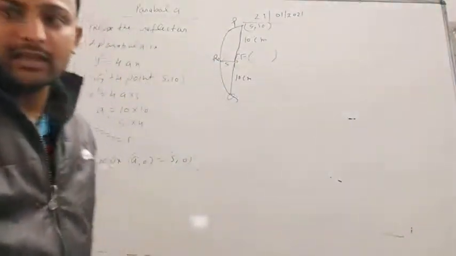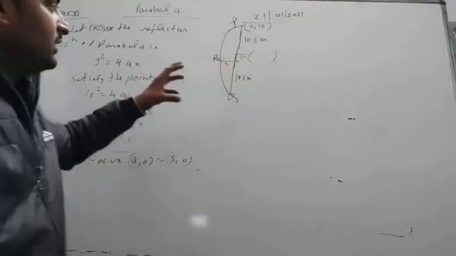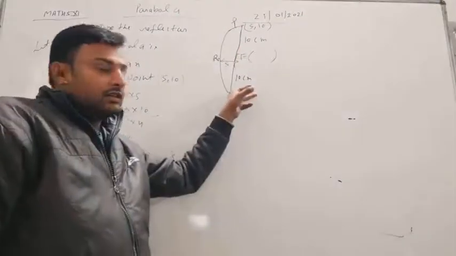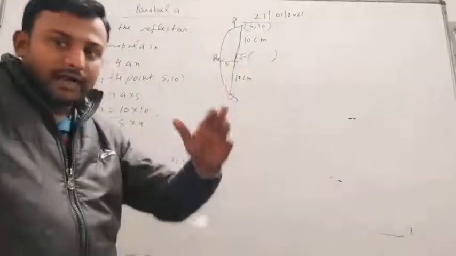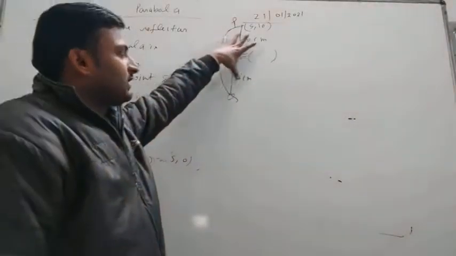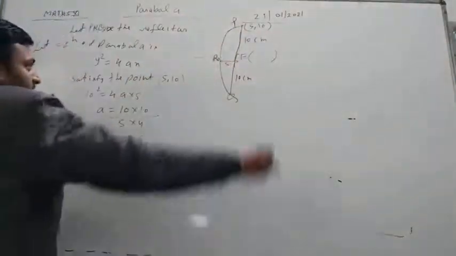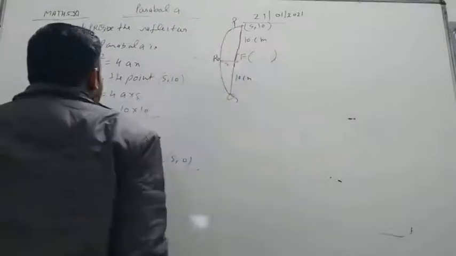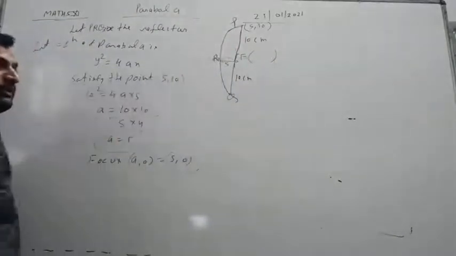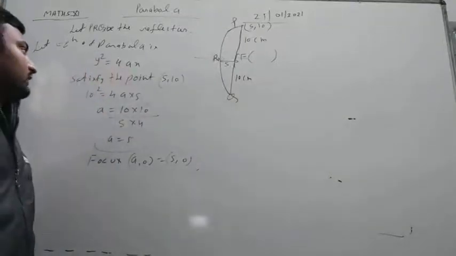I hope you understand. We have been given a parabolic reflector whose diameter is 20 centimeter and it is 5 centimeter deep. So the depth is 5 centimeter and this is 20 centimeter, so it will be 10 and 10. We supposed that PRQ is the parabolic reflector, and the equation of this parabola is y square is equal to 4ax.